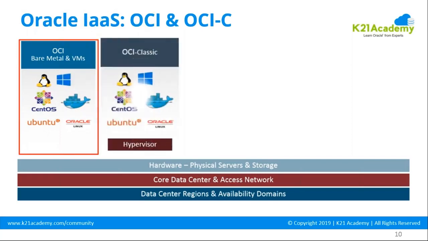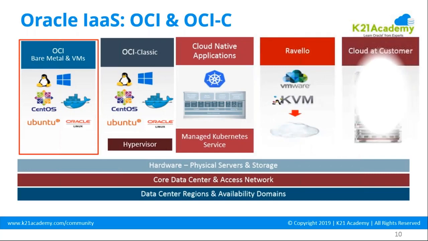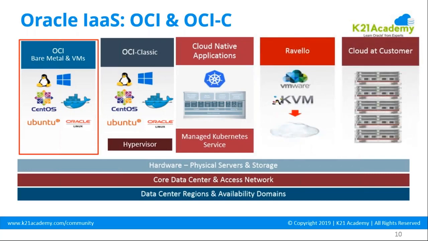So this is, in a nutshell, the difference between traditional infrastructure as a service, platform as a service, and software as a service model. Now comes a brief introduction about Oracle Infrastructure as a Service, which is the backbone for enabling any kind of platform as a service.